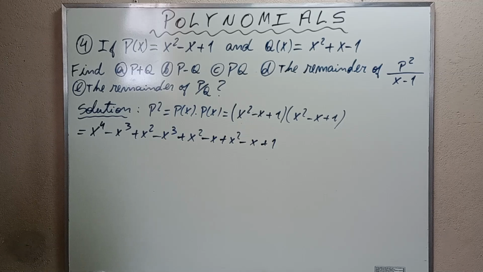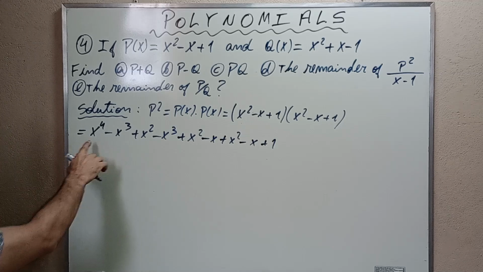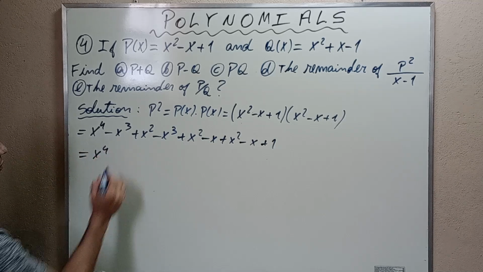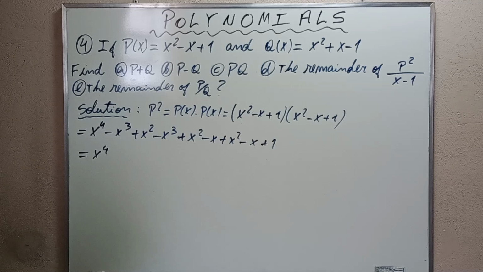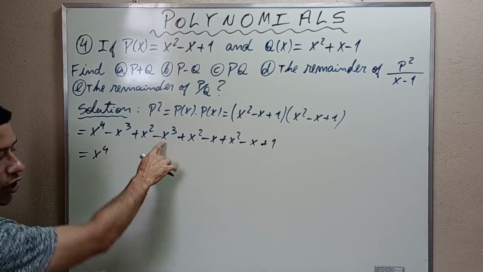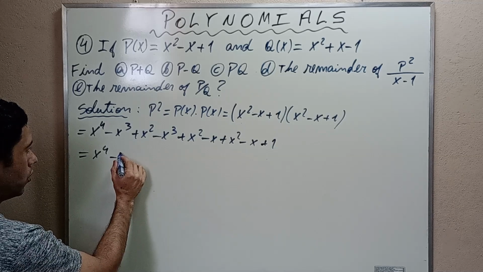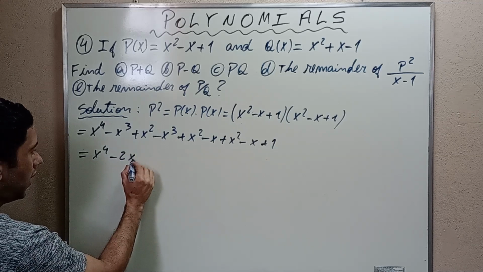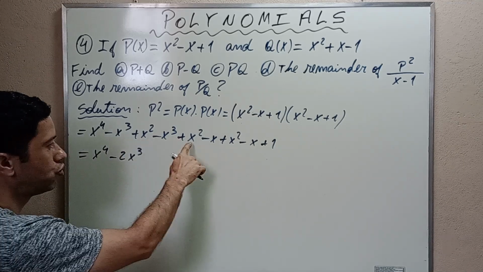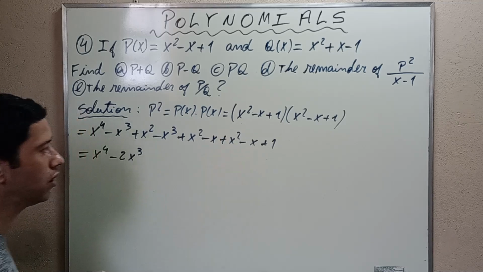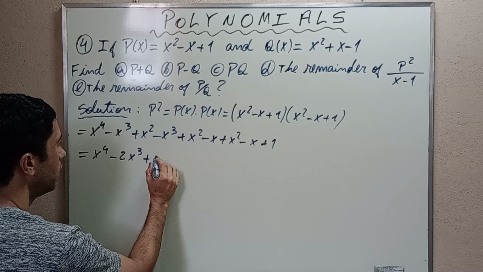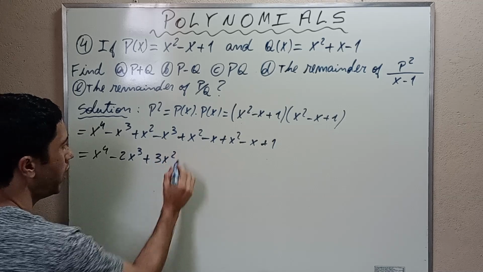Now we add the terms. We have only one x to the fourth. We simply repeat it, x to the fourth. We have negative x cubed, then it is equal to 2 times x cubed. We have 1, 2, 3 x squared, then it is equal to 3x squared.